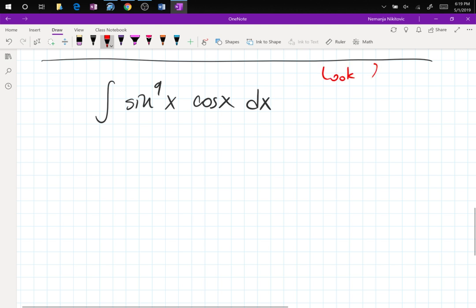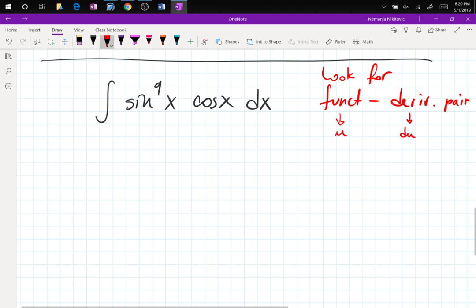Your function part will always be your u, and the derivative will end up working as a du. Every problem we did so far had the function and it had its derivative present as well.